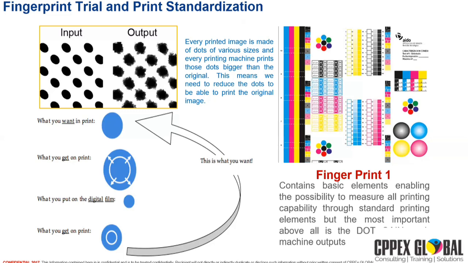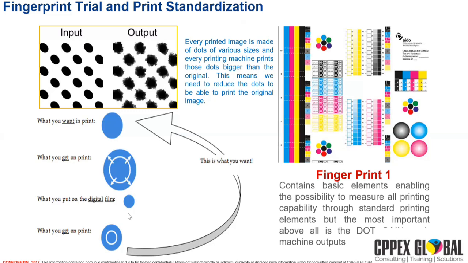So you are giving the input dots and then you are getting the output dots. This is very important. You are getting the minimum dot gains. Then in fingerprint one, you want to print this dot, but actually you get this on the printing. So what you put on the digital film, this dot, and what you get on the print, this dot. It means during printing you are getting larger dot gains.